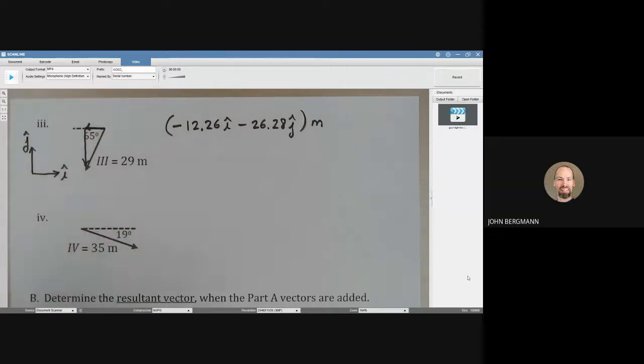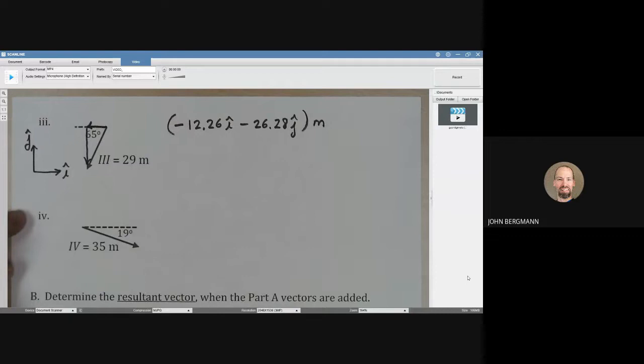If we're in the clouds and we're looking down, we can describe this as 29 meters, south of west. Or if we're on the side of a cliff and we're watching something go down, we could say, hey, it's 29 meters at 65 degrees below horizontal.